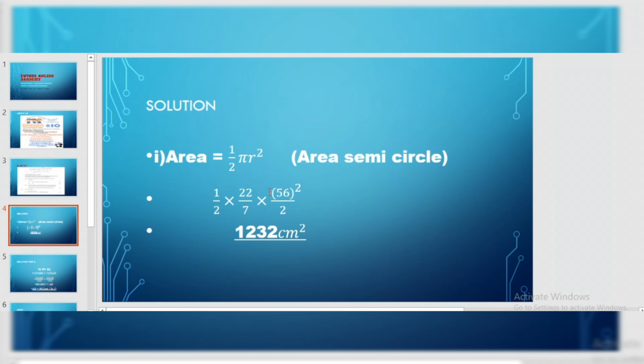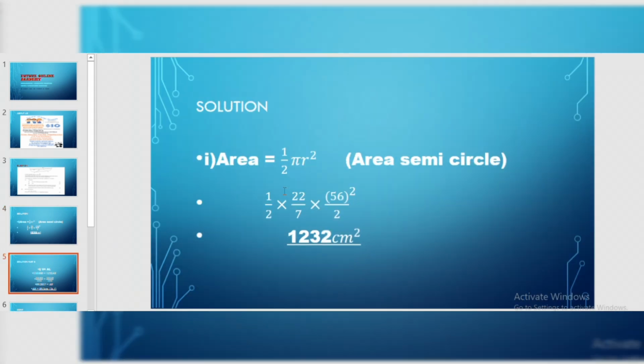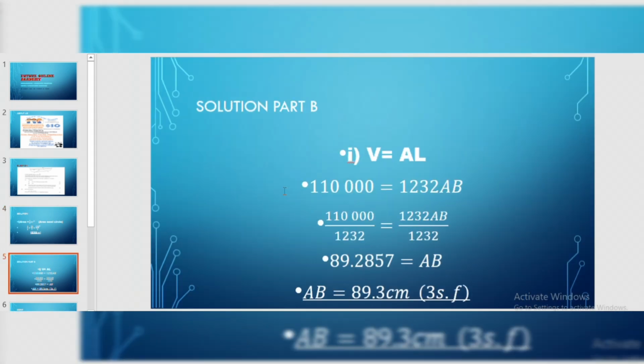The first solution, we're supposed to treat it like this. This is a paper 2 and a calculator paper, so we're supposed to use a calculator. You have been told 110 liters, and 1 liter is equal to 1000 cubic centimeters, so we use that to convert 110 liters to cubic centimeters.